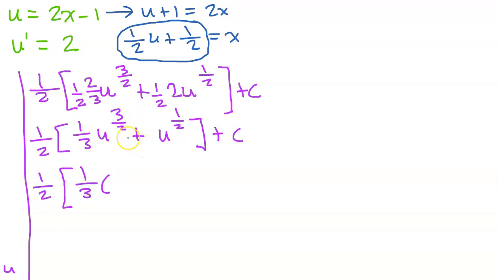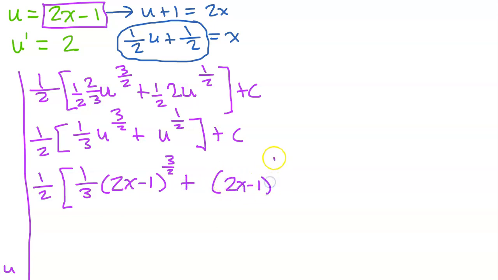Instead of u to the 3/2 power, I'm going to put 2x minus 1 to the 3/2 power. And then I have 2x minus 1 to the 1/2 power. Okay, and all of that is plus c. So that is it for the indefinite integral.